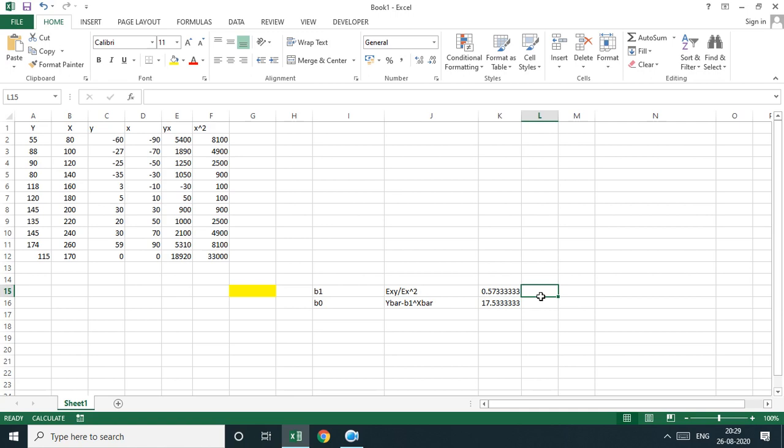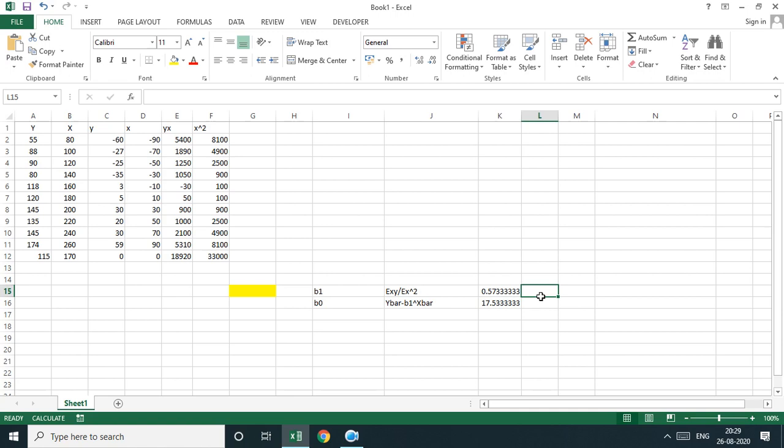Then if there is no income for a person, he has to get at least $70.5 to spend for his necessary purposes. So this is the way we can find out the OLS estimators. Is it okay?